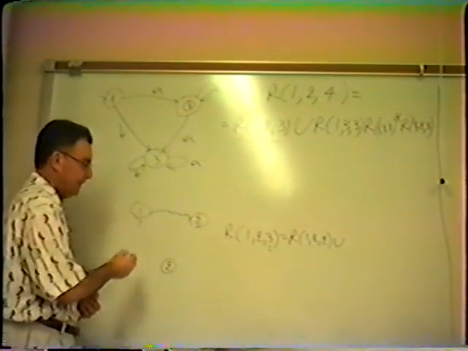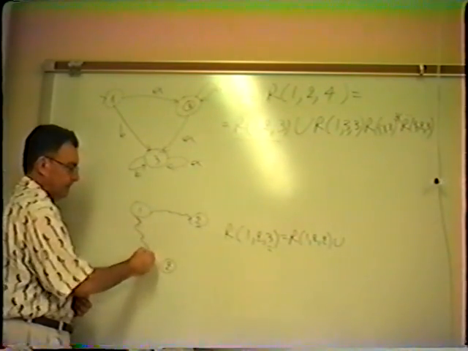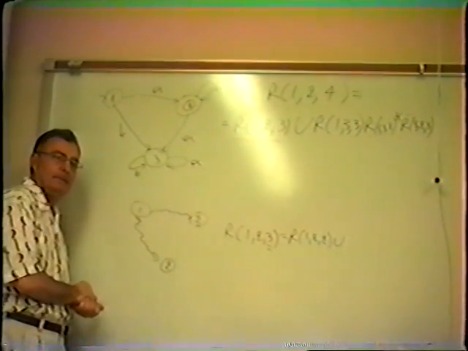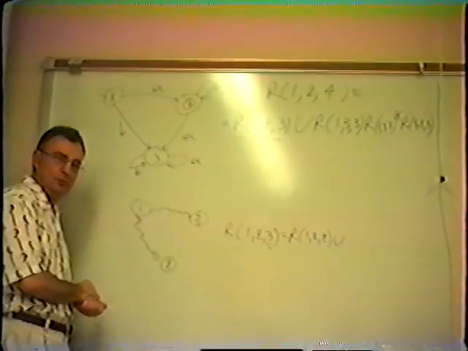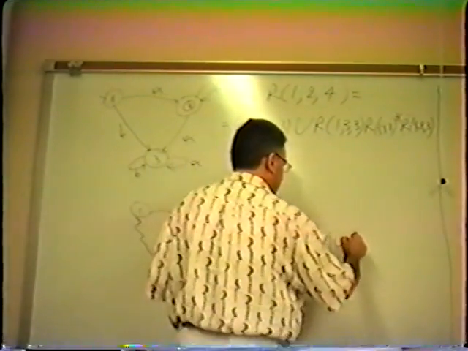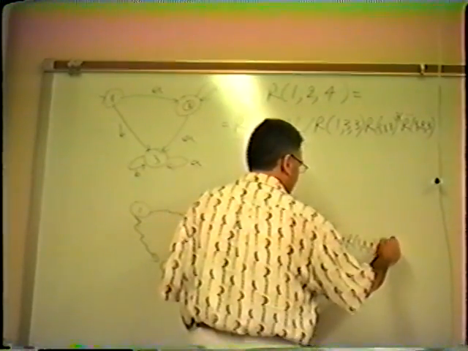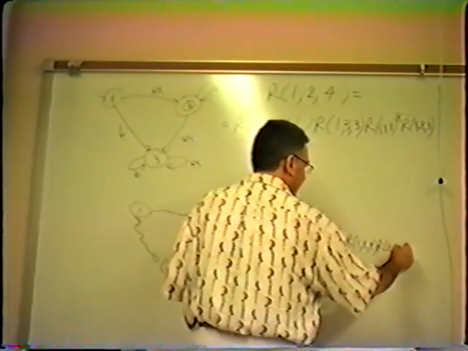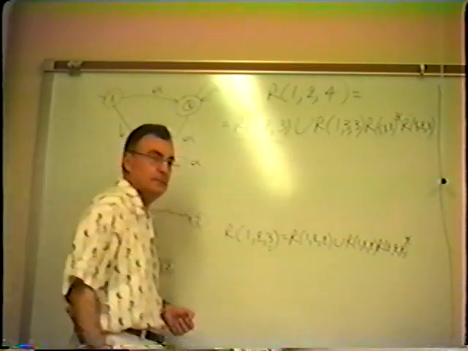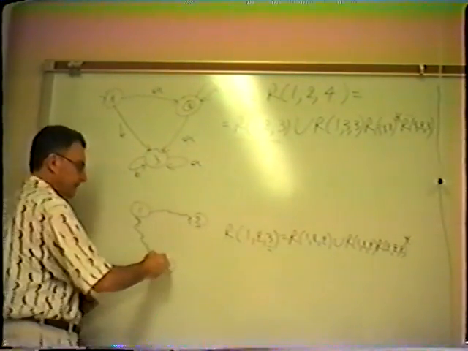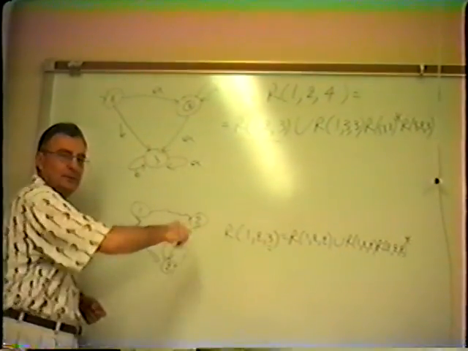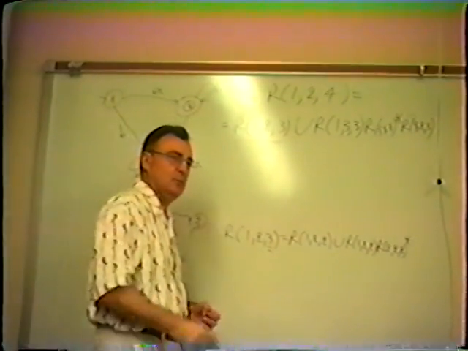Union, what? 1 to 2 again. Union 2, 2, 2 star, and then 2 to 2 without crossing 2.